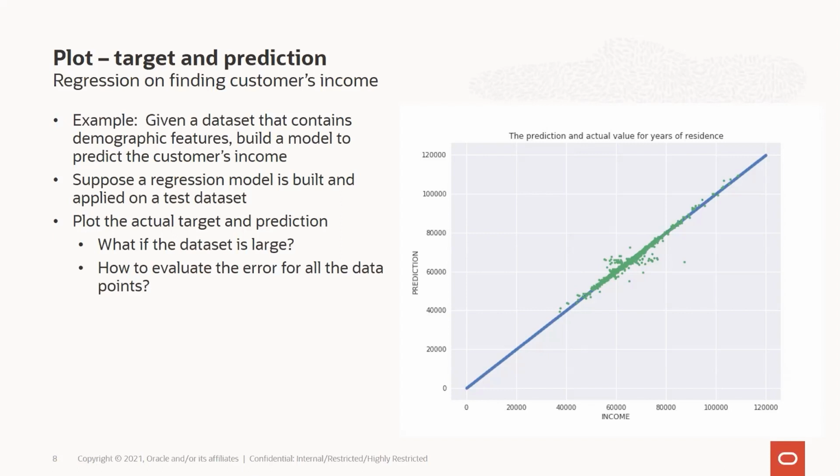But the most trouble is you can imagine every model will come with a different image or plot. How can you tell the difference? How can you compare different models? So that's the drawback. But anyway, this plot is intuitive, and you can definitely try it after you build a model and want to get a sense of how it looks.